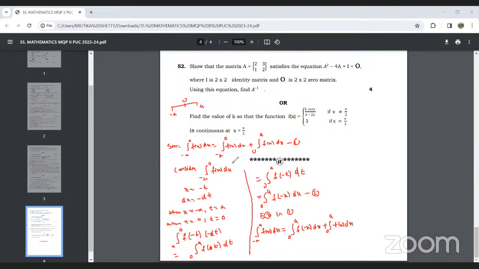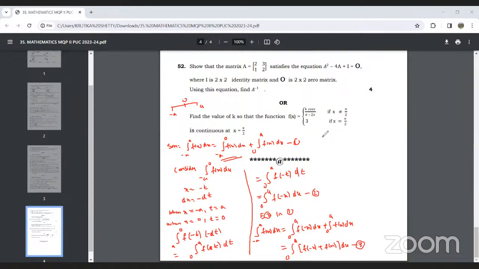This term what we had considered, we are replacing it by the integral from 0 to a of f of minus x dx. On simplifying, the integral is the same, so from 0 to a we get f of minus x plus f of x dx, and this will be our equation number 3.